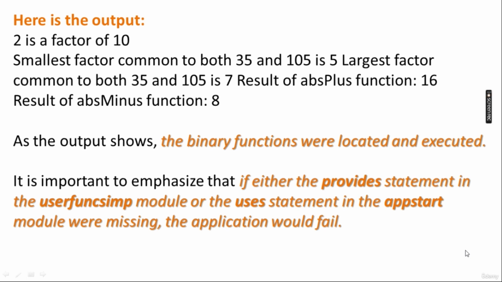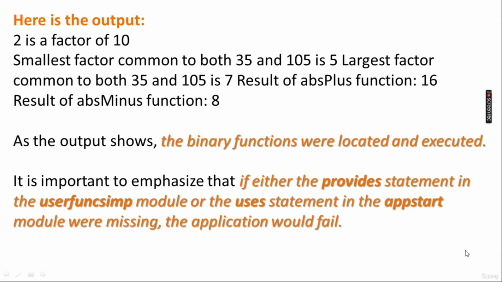So the output is: 2 is the factor of 10, the smallest factor common to 35 and 105 is 5, the largest factor is 7. The result of the absolute plus function that we provided through the binary function provider externally as a plugin is 16 and 8. Binary functions were located and executed using that command.